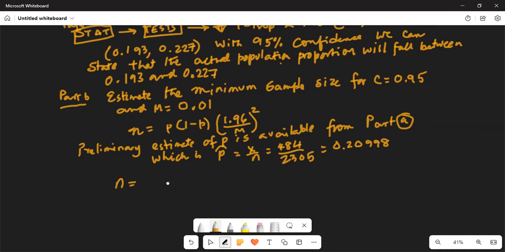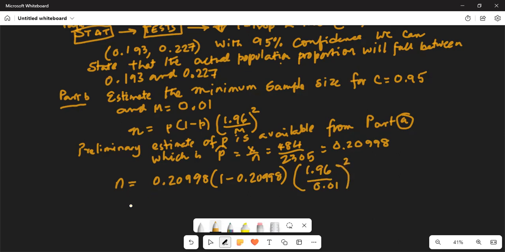N equal to preliminary estimate 0.20998 multiplied by 1 minus 0.20998 and then multiplied by 1.96 divided by margin of error, which is 0.01 given in the problem statement, whole thing squared.